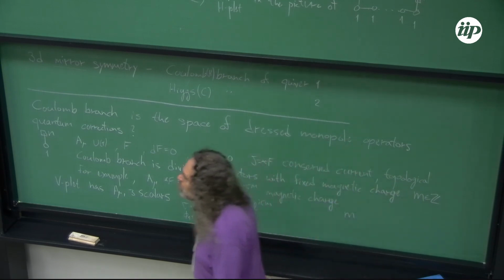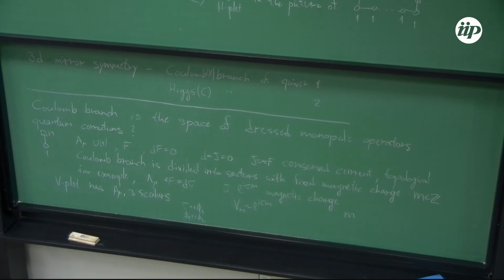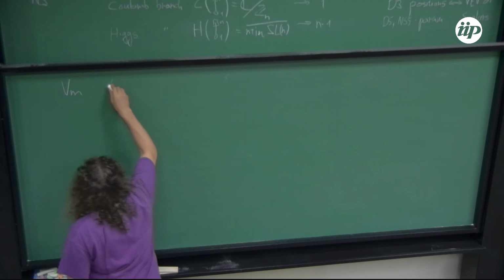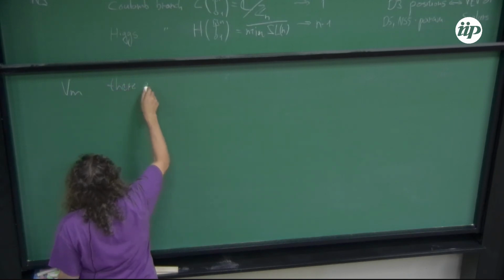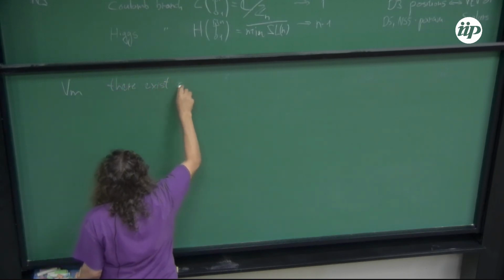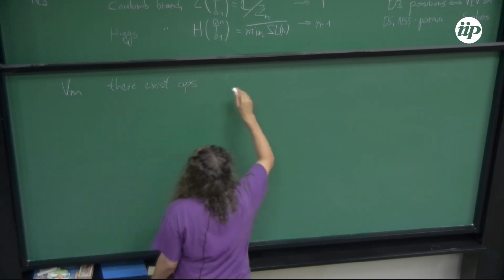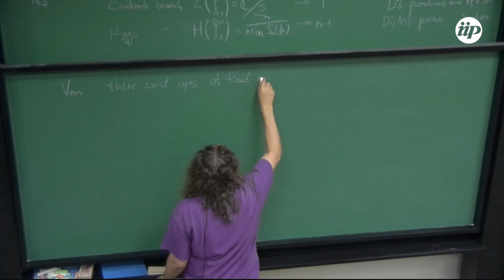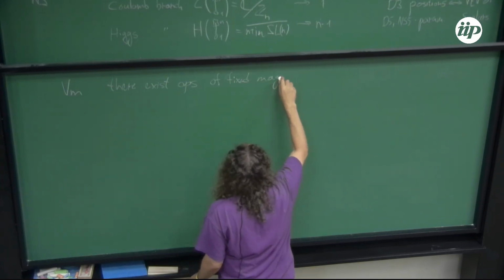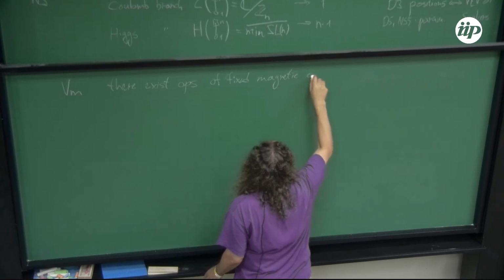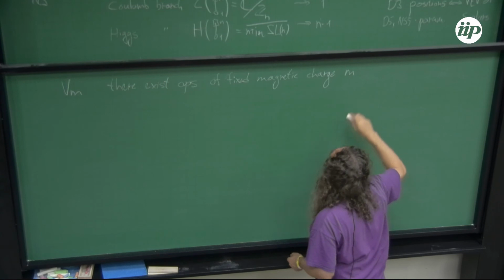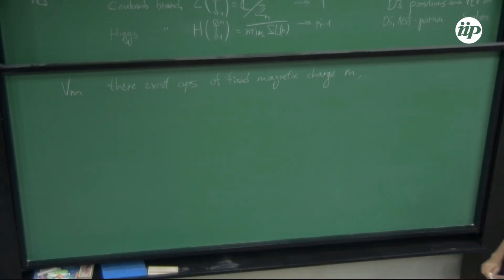I just postulate the existence of such operators of fixed magnetic charge M, and because of supersymmetry, I'm going to also assume that they are BPS.